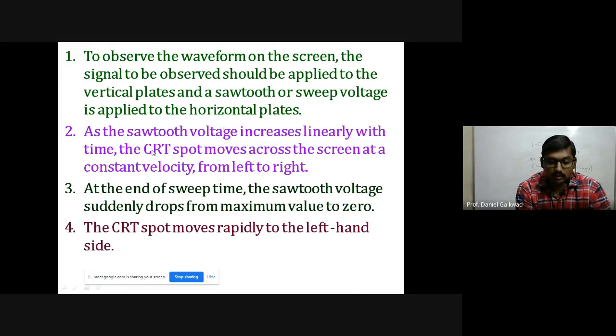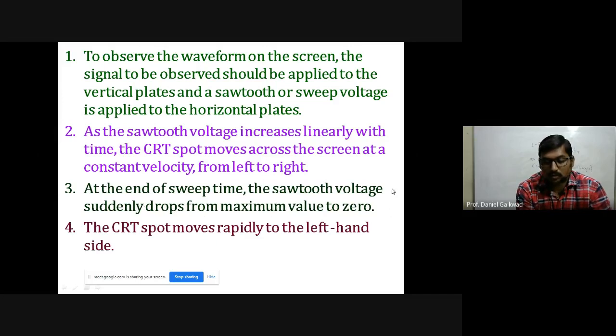This part is important. As the sawtooth voltage increases linearly with time, the CRT spot, the cathode ray tube's electron spot, this illuminating spot, moves across the screen at a constant velocity from left to right direction. Number three: at the end of the sweep time, when the spot reaches the right hand side, the sawtooth voltage suddenly drops from maximum value to 0.